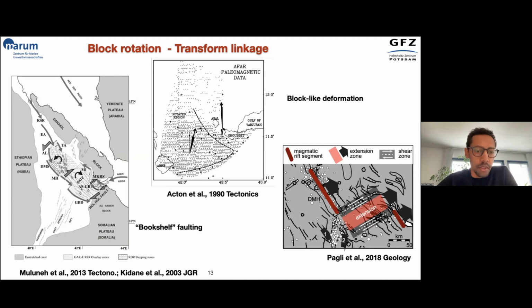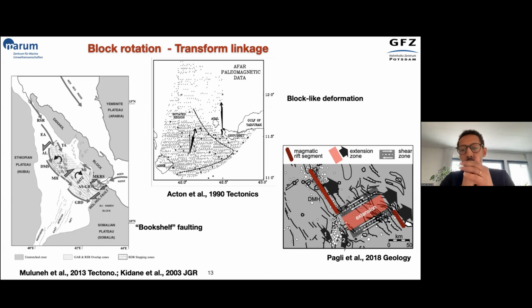One study shows that there are bookshelf faultings, and these are bounded by dextral faulting, and within the blocks there are sinistral strike slip faults, and then this region is rotating in a bookshelf manner. The other study shows that the whole region deforms in a block-like deformation, but in general, what they observed is that there is a clockwise block rotation.